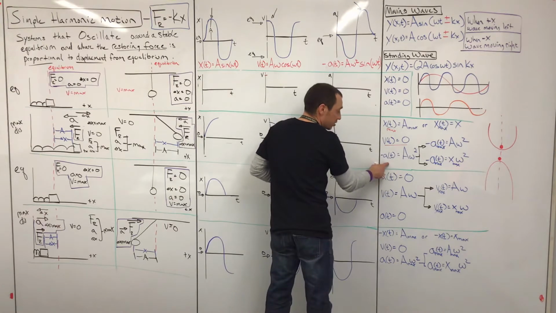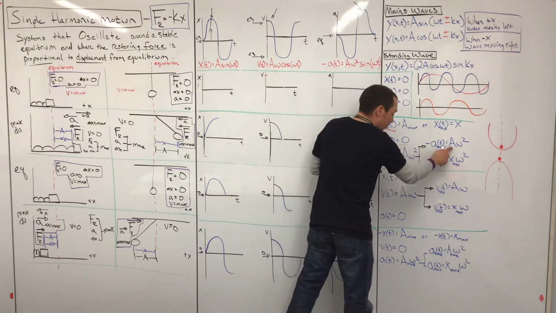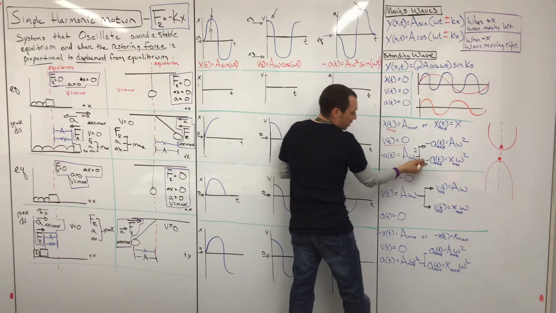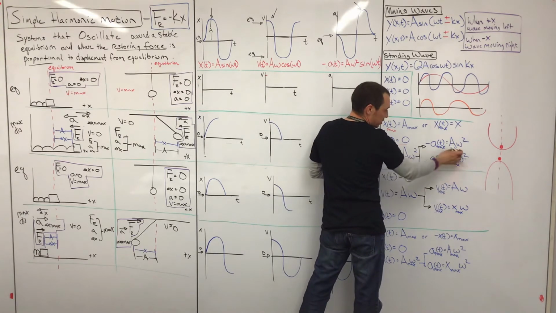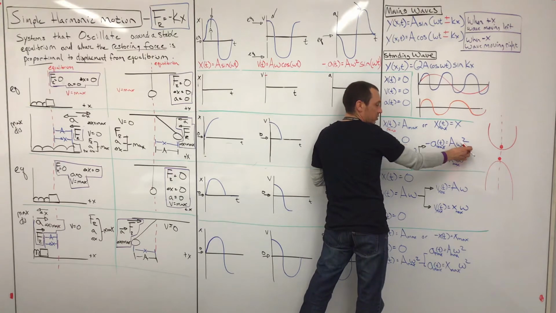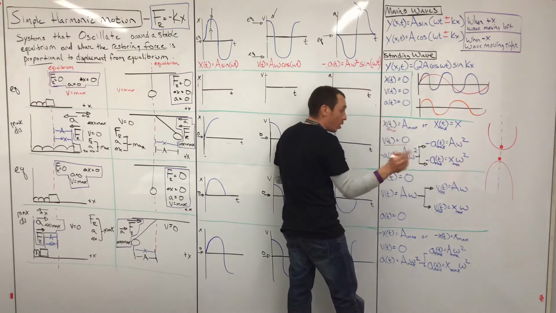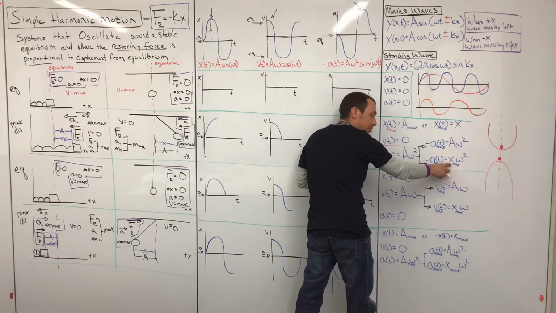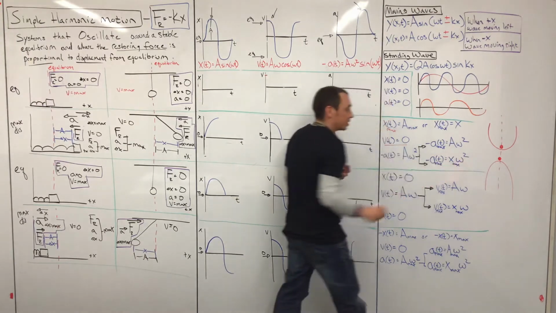But we also know acceleration's max, so we can write that again two ways without the trig function. Acceleration max can be written in terms of amplitude and omega squared, or in terms of max displacement from equilibrium times omega squared.